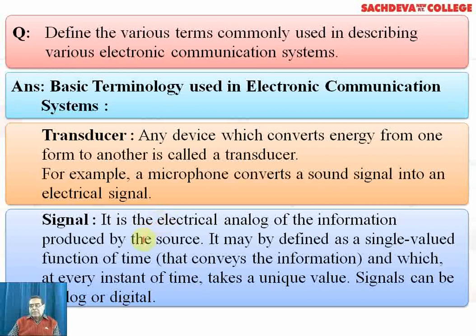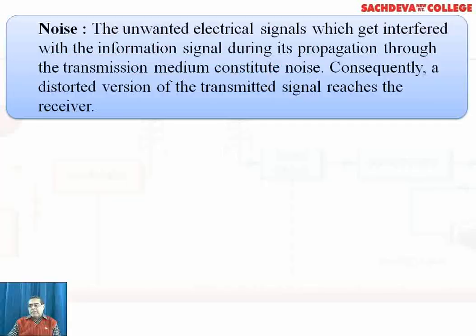The concept is like this: a signal is the electrical analog of the information produced by the source. It may be defined as a single valued function of time, f(t), that conveys the information, and which at every instant of time takes a unique value. Signals can be analog or digital.